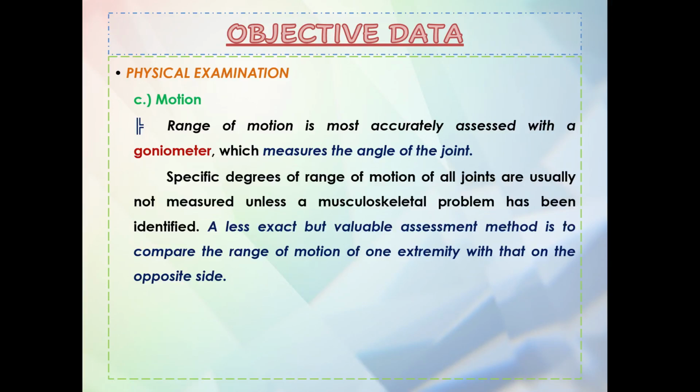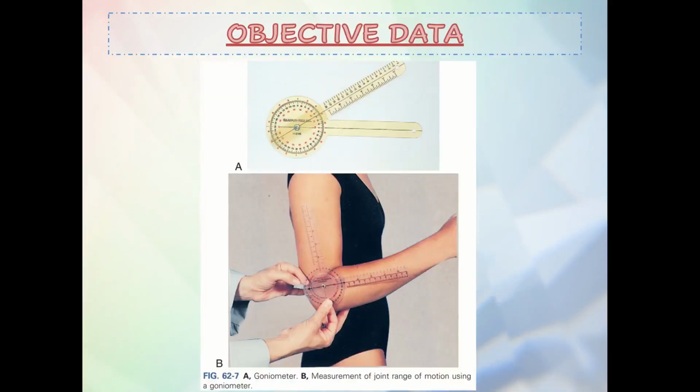So, a less exact but valuable assessment method is to compare the range of motion of one extremity with that on the opposite side. So, kino-compare natin yung opposite side or yung the other part. So, this is the goniometer. So, this is how we measure the joint range of motion using this instrument.